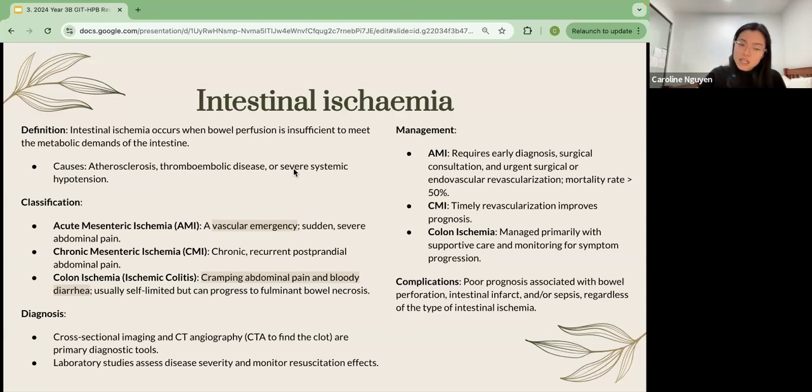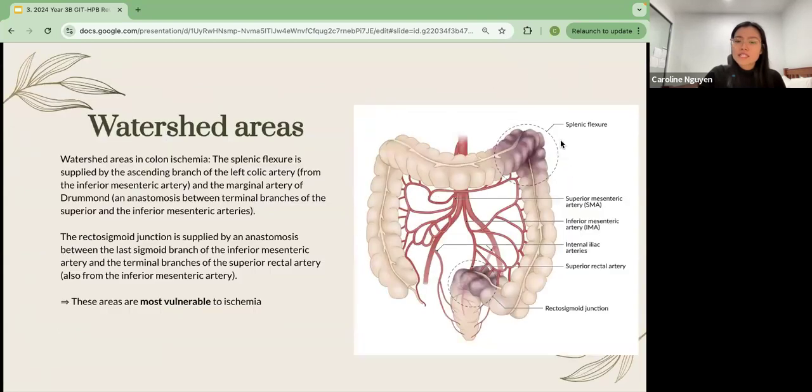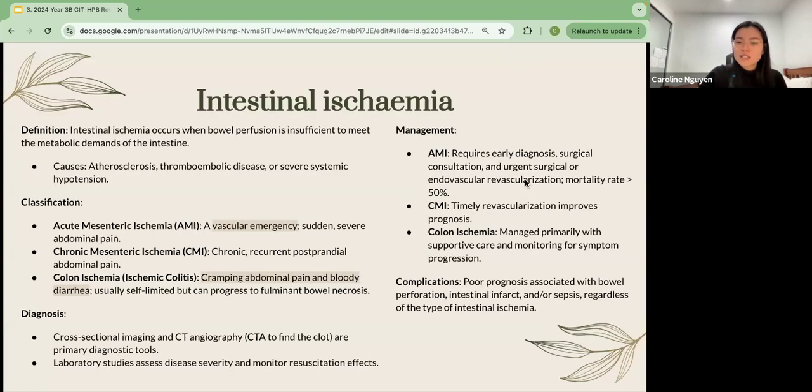How do we treat? If it's acute mesenteric ischemia, we need a surgical review and to revascularize that area. Mortality rate is really high, as you can imagine, because if you have death or necrosis of these areas, and we'll talk about why these areas in particular later, but if you've got tissue dying here, then it's going to likely perforate, exposing the peritoneum to all of the bacteria that's inside the large intestine.